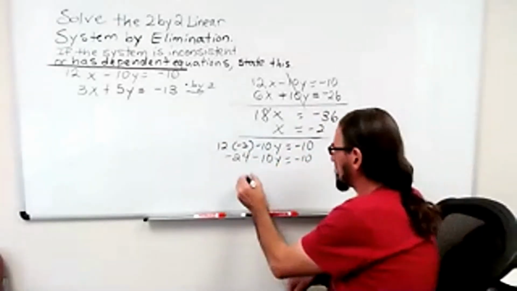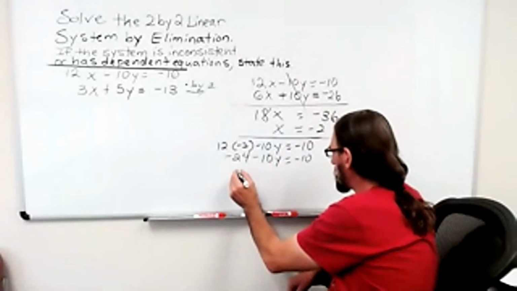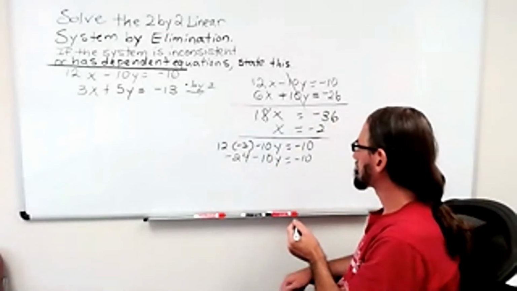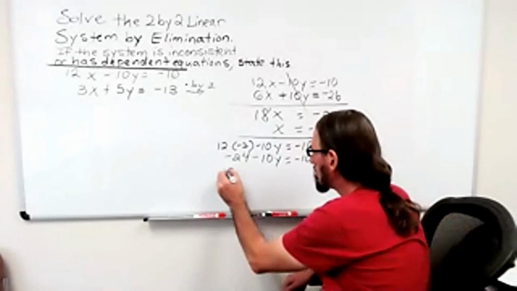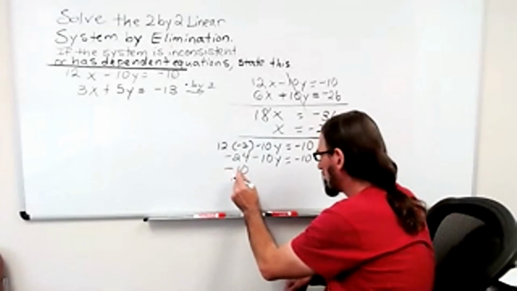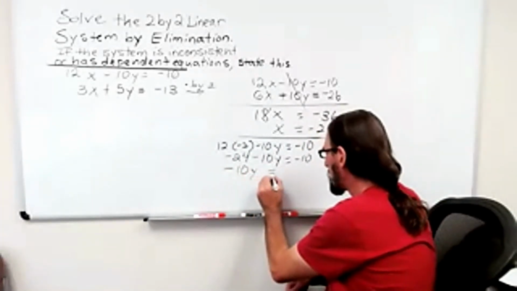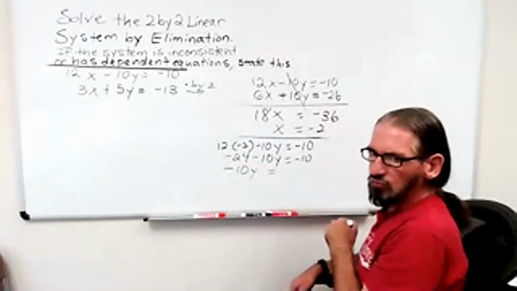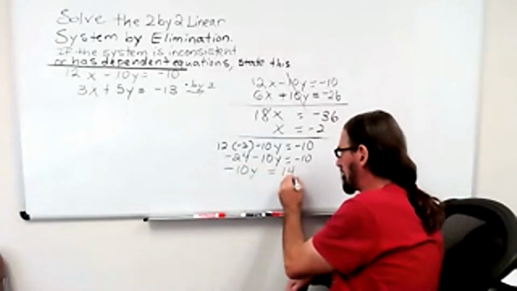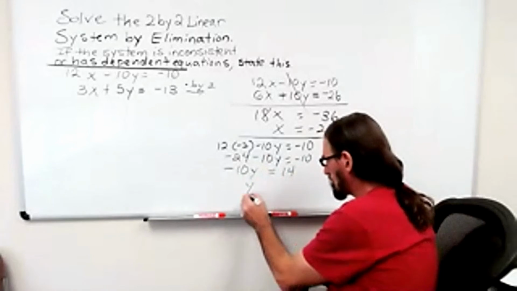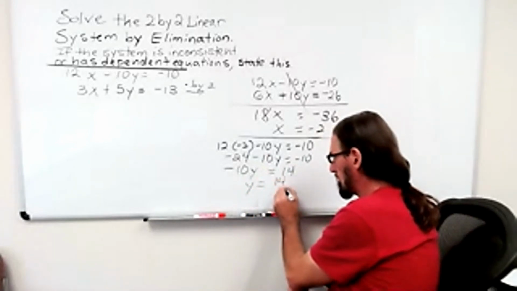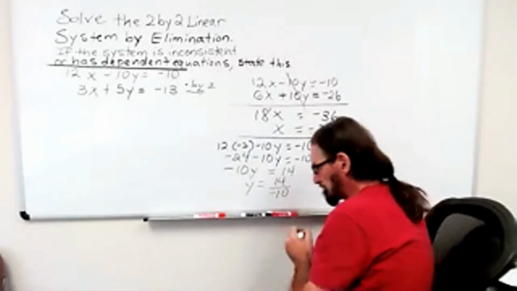Add 24 to both sides. Negative 10 plus 24 is 14. Divide by the negative 10.